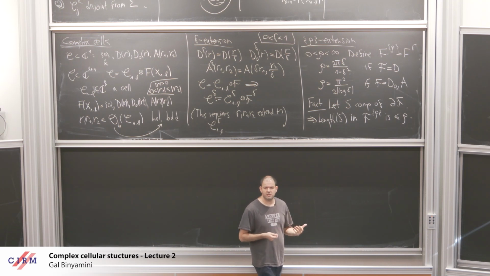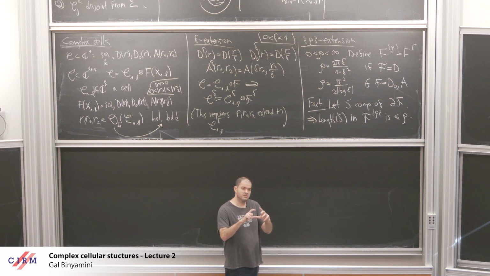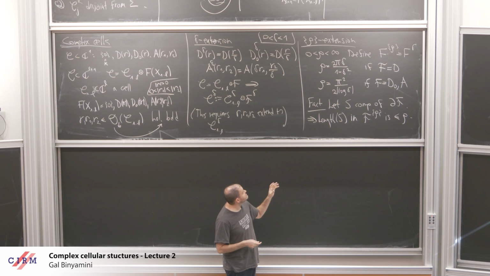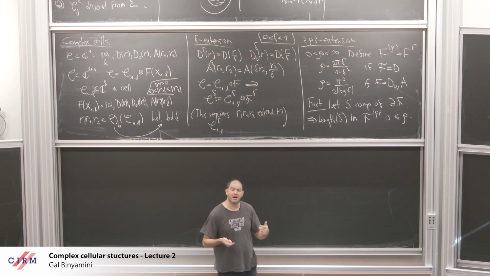But this is actually not possible. What we have seen in the previous lecture is that if you take an annulus inside the twice bigger annulus, the diameter of this degenerates. It's not uniformly bounded. It degenerates like log epsilon if the annulus is from epsilon to 1. So it's not true that the size of the cell inside of its extension is bounded. But what is true is that the length of the boundary is bounded.